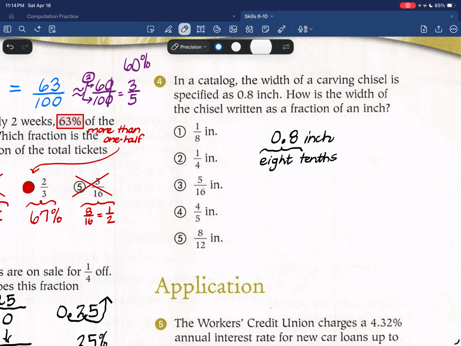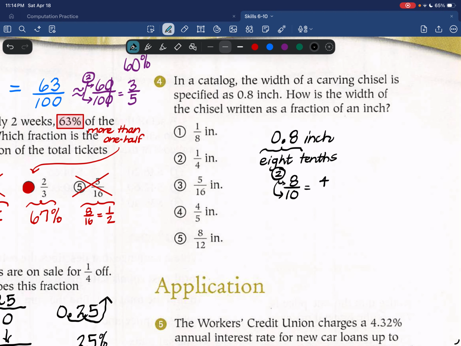So you would write it as 8 tenths. That's not one of your choices, but you can simplify by 2 to get 4/5. And that is a reduced fraction, number 4.